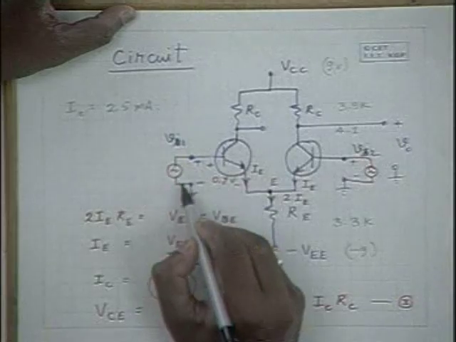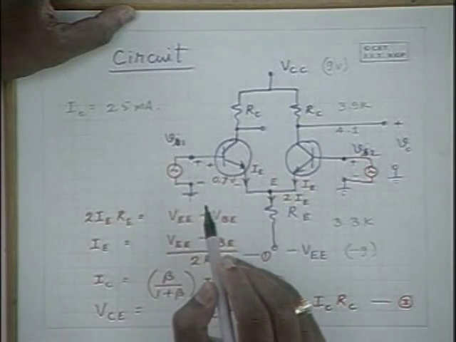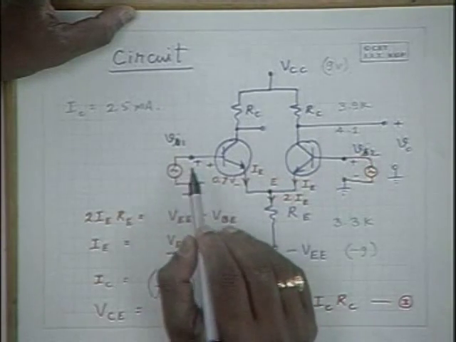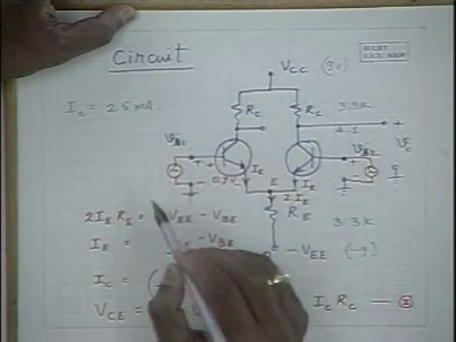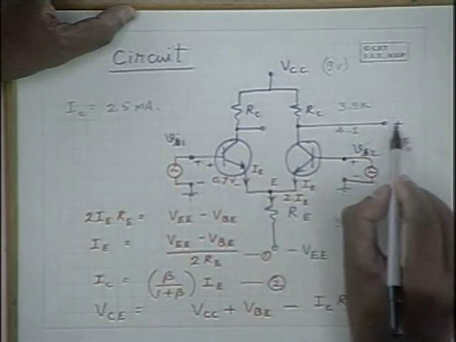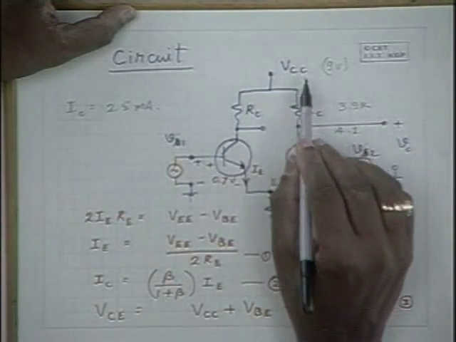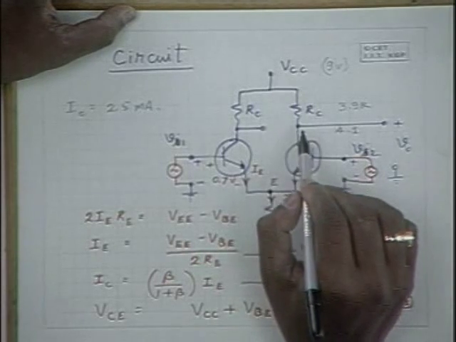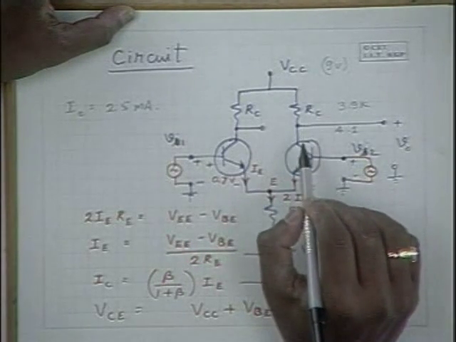We have zero mean signals, and when you apply such signals to the operational amplifier, you should not have any problem. It is possible only when the base of the amplifier is biased at ground level. Then you can feed a signal around the ground to the base of the difference amplifier. In doing so, please note that the output voltage here is equal to VCC minus RC into IC, where IC is the biasing current.